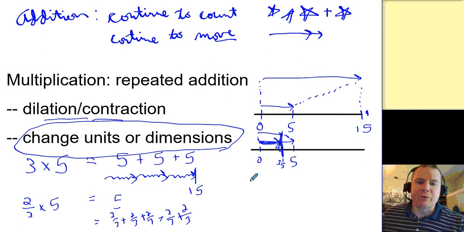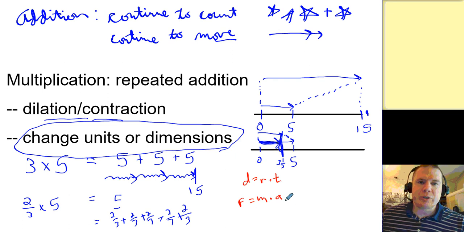Changing units, that's how we deal with distance equals rate times time, right? Miles per hour times hours gives you miles. Miles is a different unit than miles per hour or than hours. Force equals mass times acceleration, right?